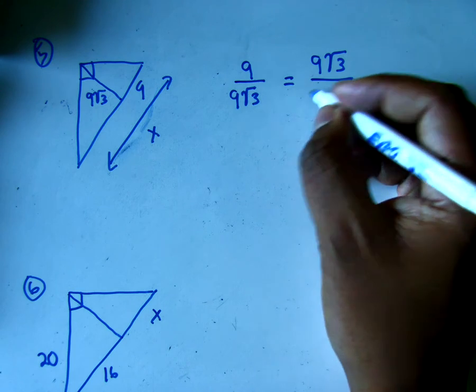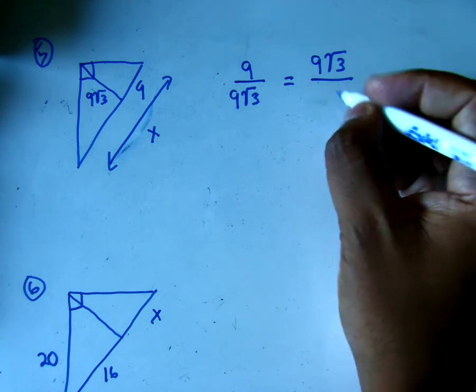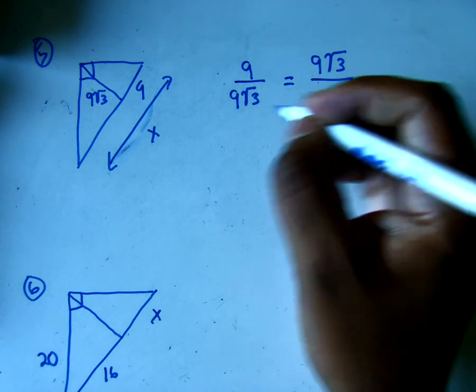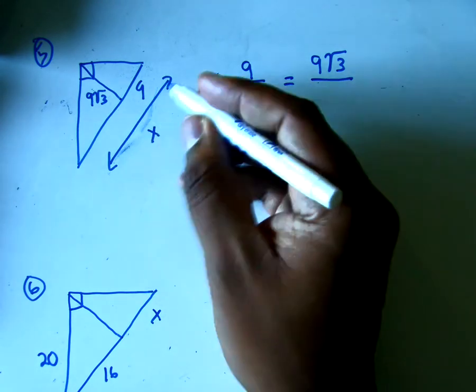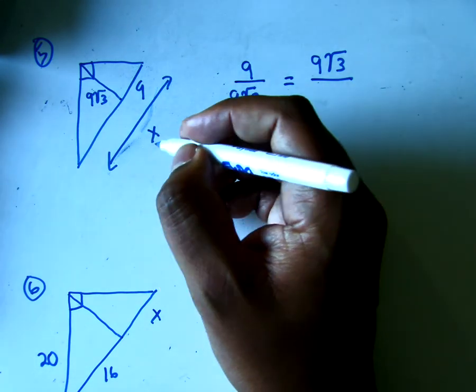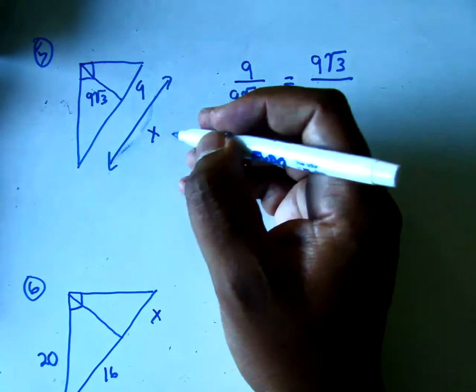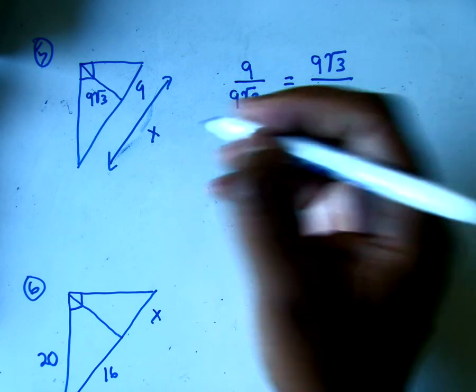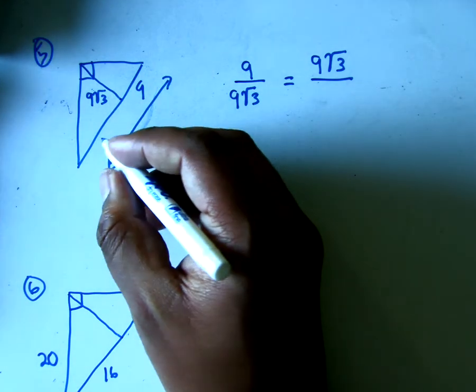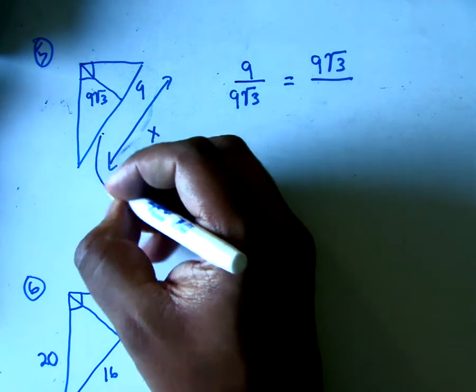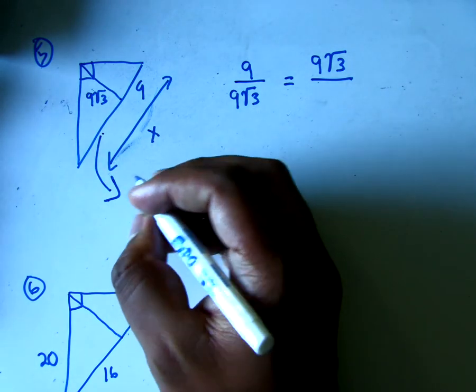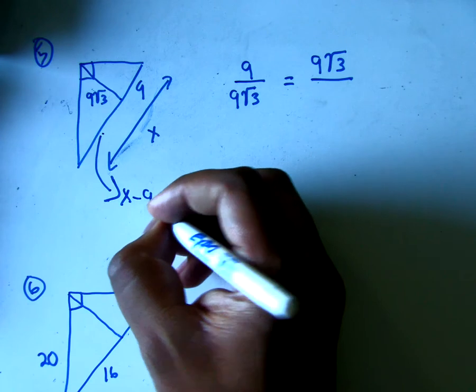Okay, and I need this other piece. Now, to get that, whatever this x value is, I need to subtract 9 from it. Okay, so I gotta take this value right here is x minus 9.